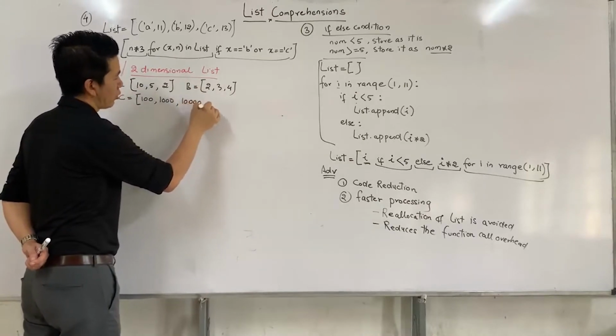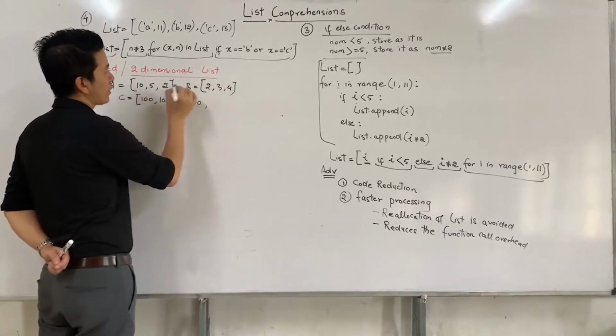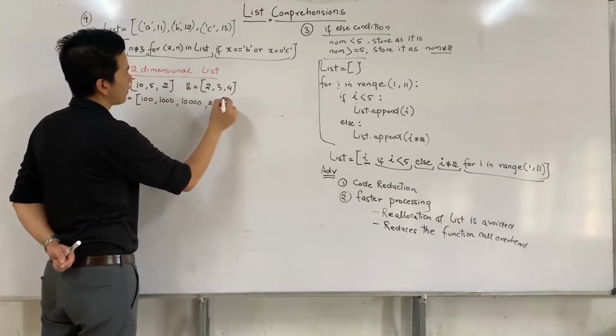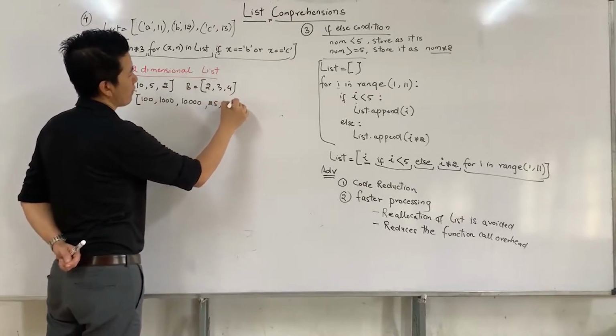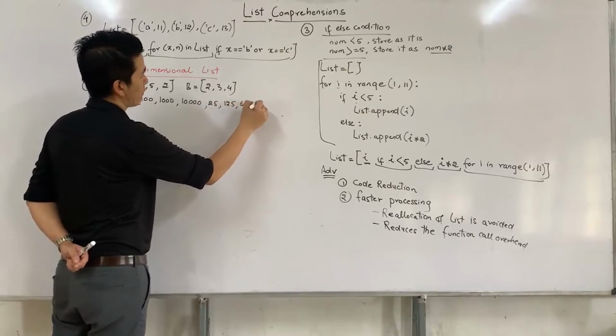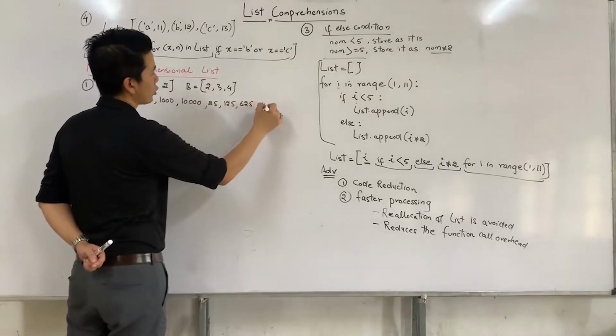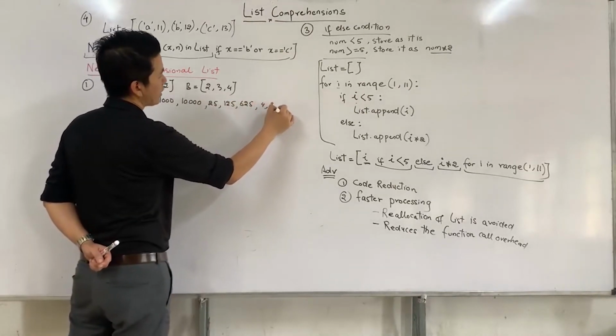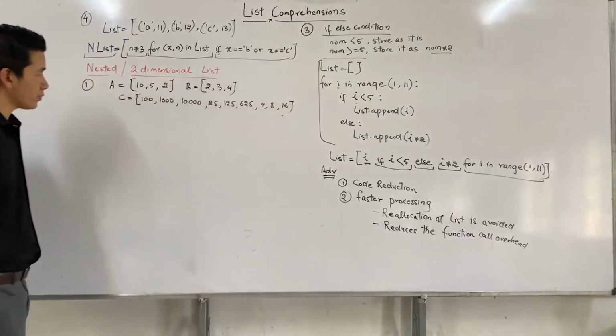And then likewise, 5 raised to 2 will be 25, 125, 625, and then finally 2 raised to 2 is 4, 8, and then I have 16.